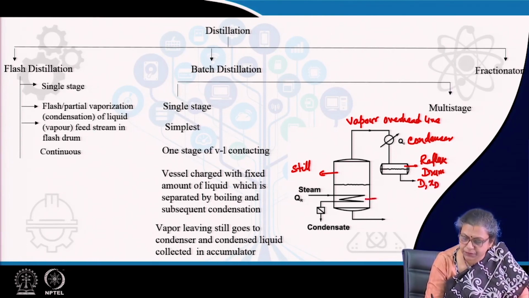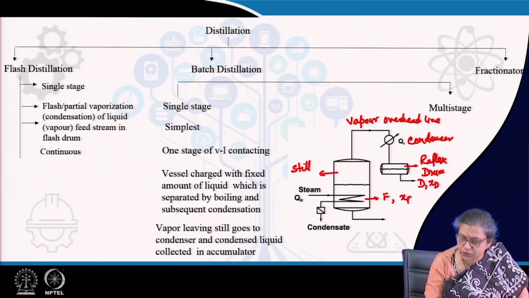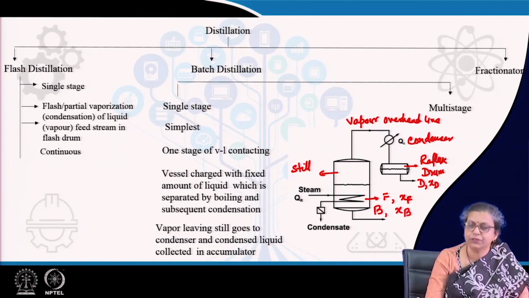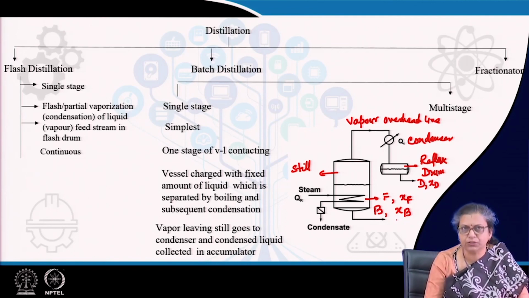And the liquid which initially, when we had started, had a flow rate F, the composition denoted by Xf. At the end, whatever is remaining is denoted as B. If it is a binary feed, then generally Xd, Xf, Xb refer to the composition of the more volatile component.